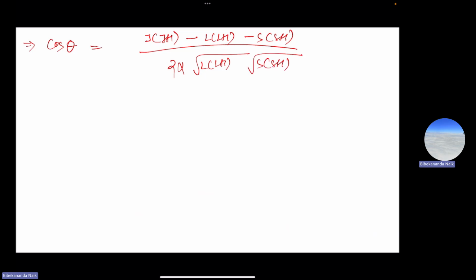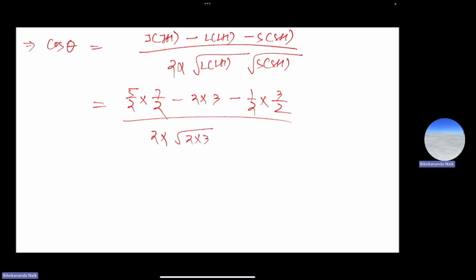Because in the numerator it was J square, L square, S square, but in the denominator it was L and S, so it will be root over of L into L plus 1 and S into S plus 1. It will be 5 by 2 into 7 by 2 minus 2 into 3 minus half into 3 by 2, divided by 2 into root over of 2 into 3 times root over of 1 by 2 into 3 by 2.